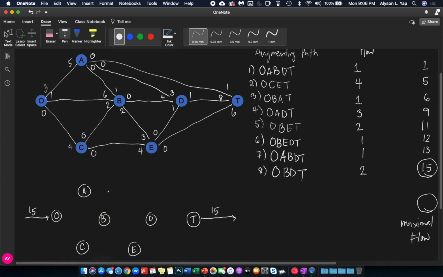The question now is how did the 15 units move through the network? All you have to do is look at every arc. In this case, for example, OA originally has an arc going to A with a capacity of 8.